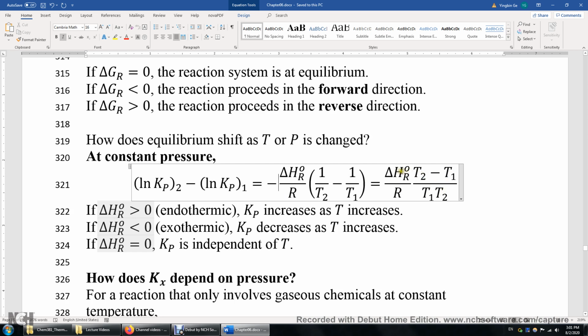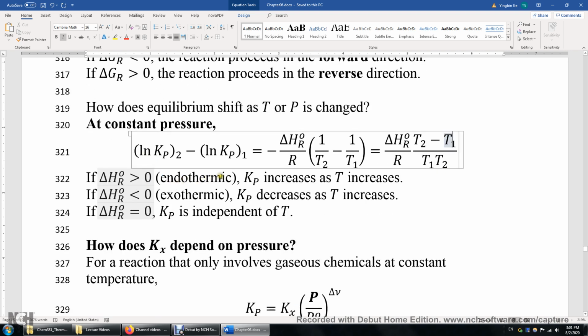So if this delta H is positive in an endothermic reaction, then when T2 is greater than T1, Kp2 is greater than Kp1. If we have an exothermic reaction, delta H here is negative, and then when T2 is greater than T1, Kp2 is less than Kp1.